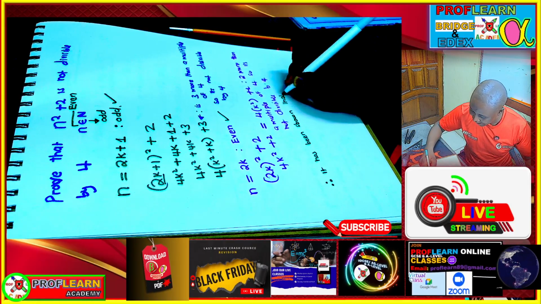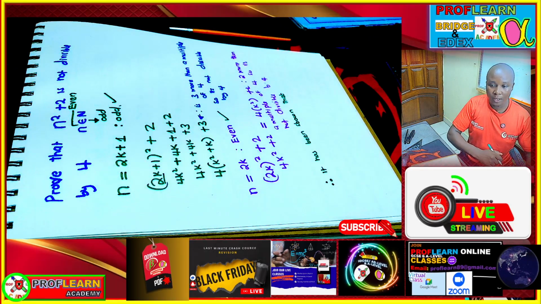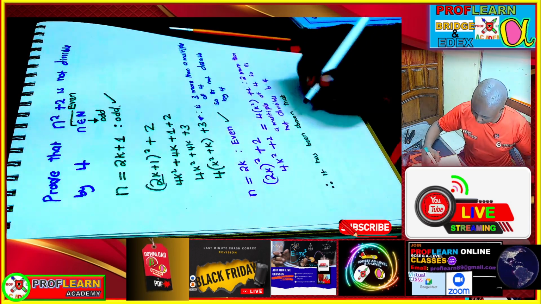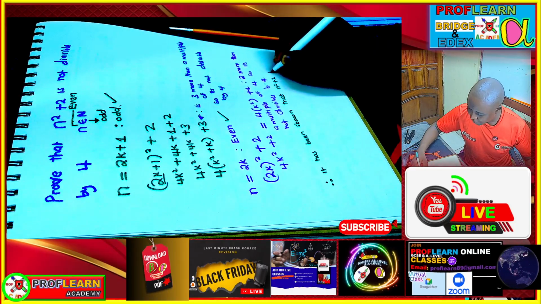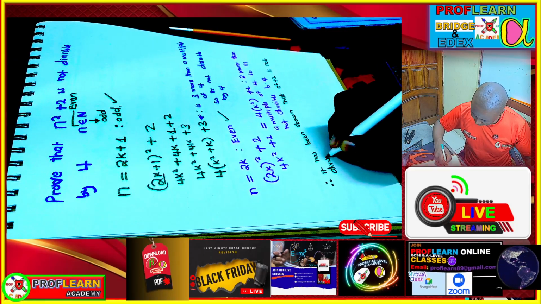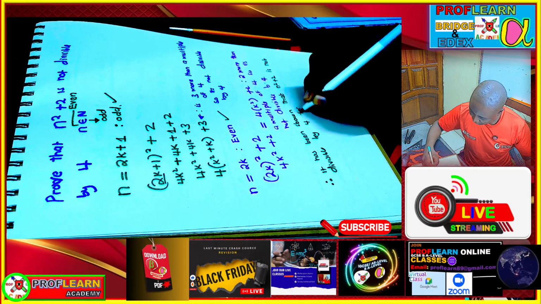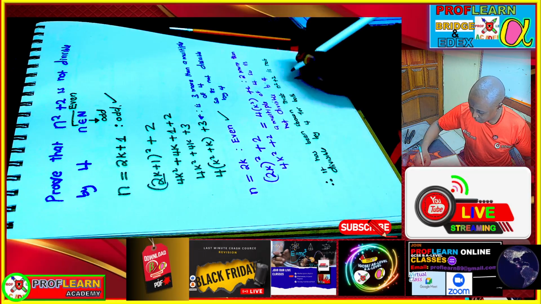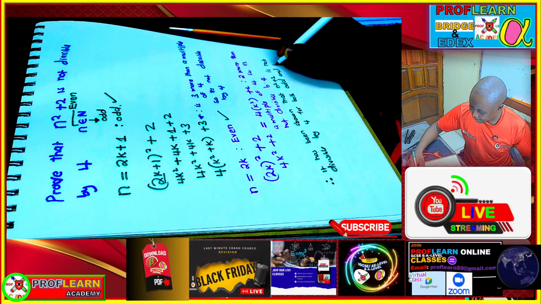This is how you end. You cannot just stop here and say that this is now correct. You have to write the conclusion. These are proofs. You have to conclude. It has been shown that n squared plus 2 is not divisible by 4 for both odd and even.